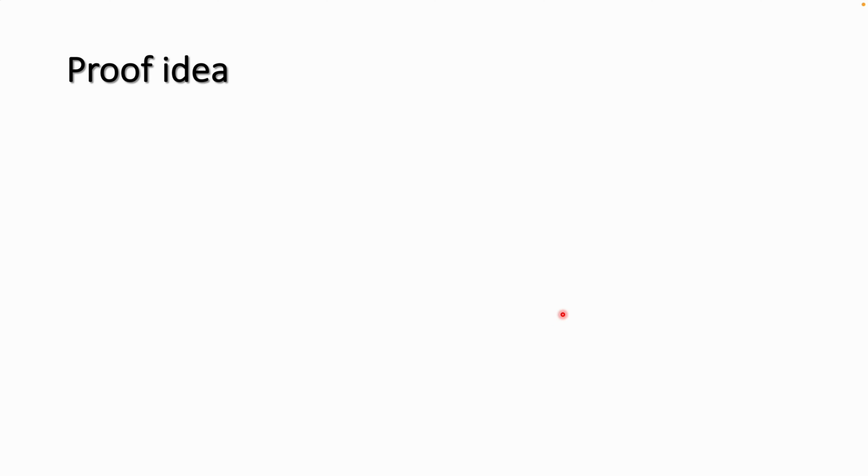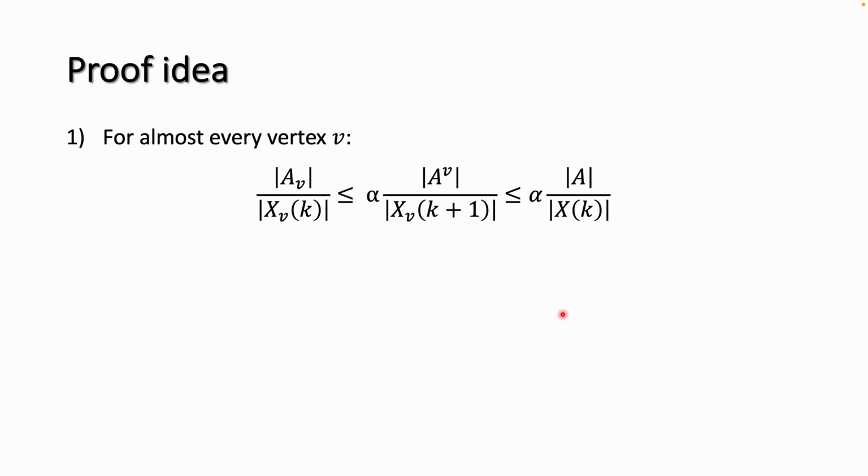Let's give very briefly the idea of how to prove this, and we can understand from it how we use this combination of perspectives. Let's think of a vertex. For almost every vertex V, let's think of each inequality one by one.